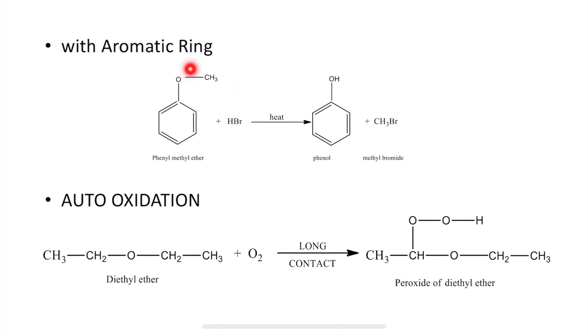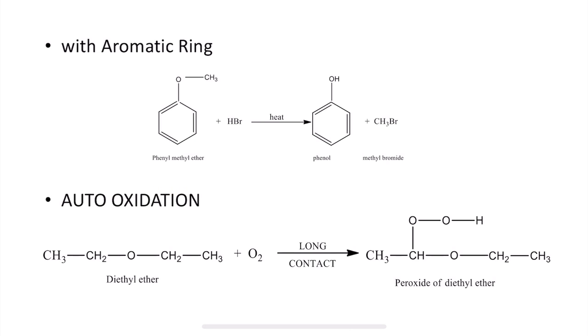Suppose you take an ether which has an aromatic ring, that is phenyl methyl ether. Since it has an aromatic or benzene ring, it is phenyl methyl ether, and the general name of this is anisole.